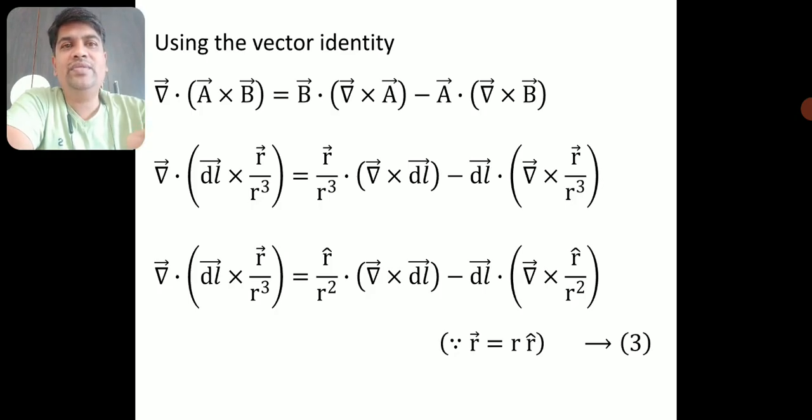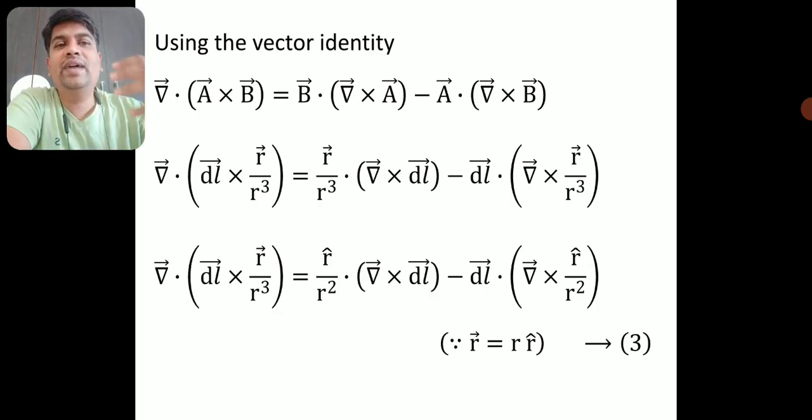Because I know that r vector is r into r cap, I substitute r vector as r into r cap. So one r cancels with the denominator, and I am left with r cap by r square.